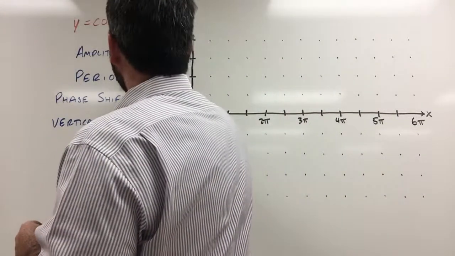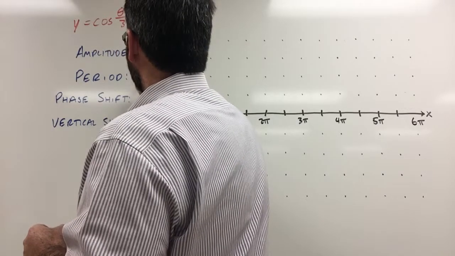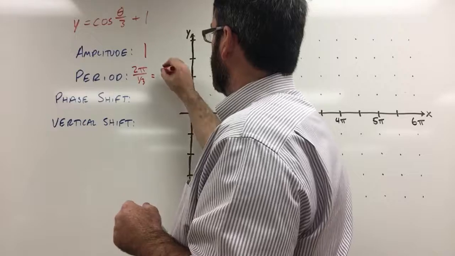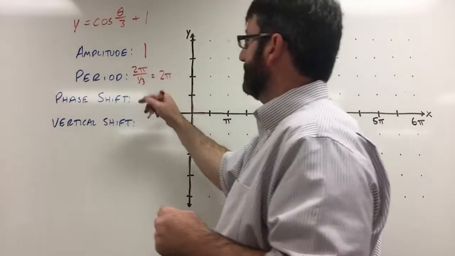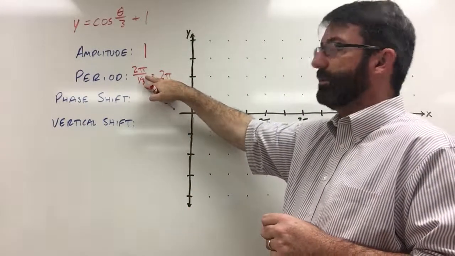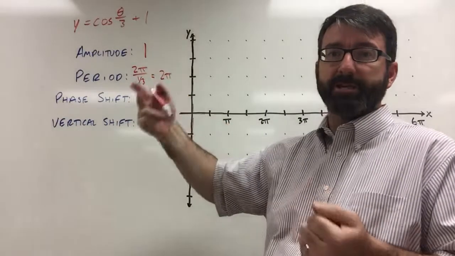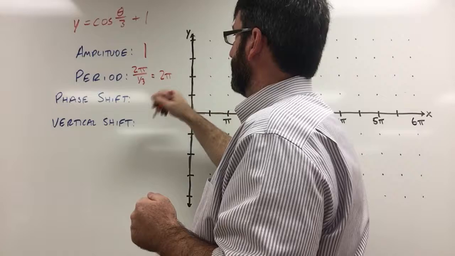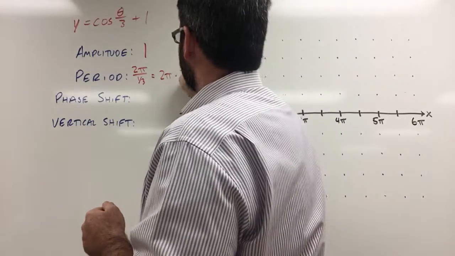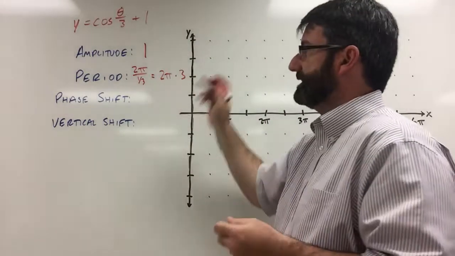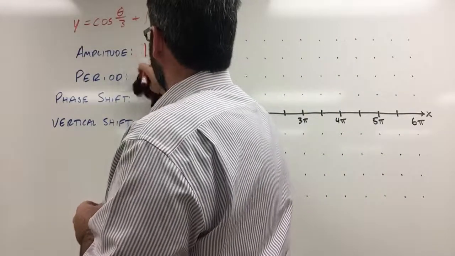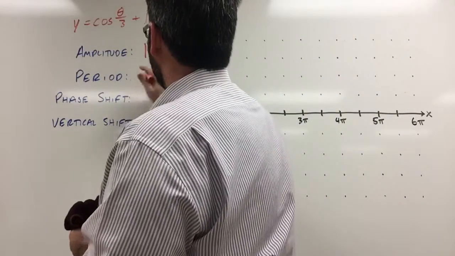So our period is going to be 2 pi divided by 1/3. Remember that division is the same as multiplication by the reciprocal. So 2 pi divided by 1/3 is the same as 2 pi times 3, which is 6 pi. So our period is going to be 6 pi.